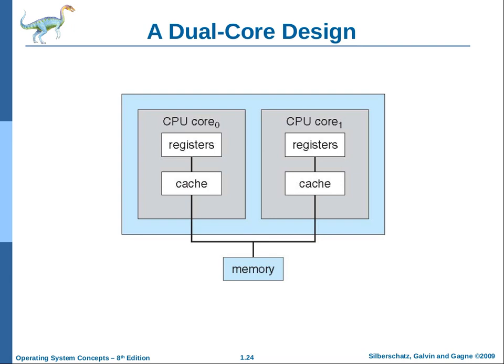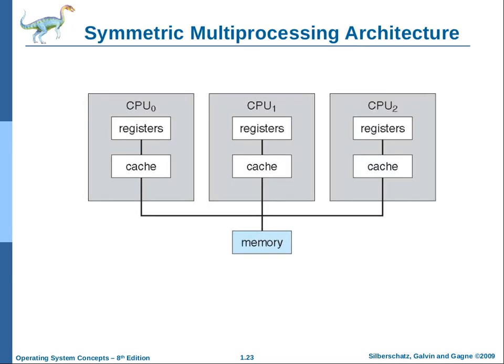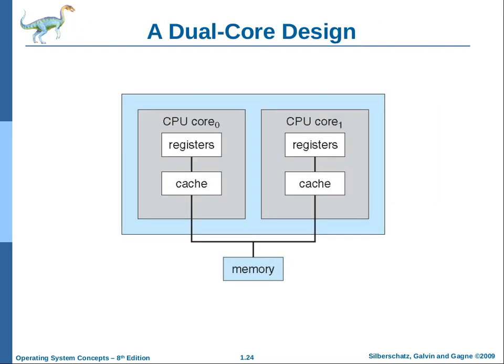The big thing is in multi-core, since the cores are next to each other, most of the time they have a direct line between the two caches, though they're not showing it here, so that they communicate very quickly. Over here, that's not going to happen because you have to jump outside the processor to get to the other person's cache. So the one advantage of multi-core here is that you can directly tie the two caches together.